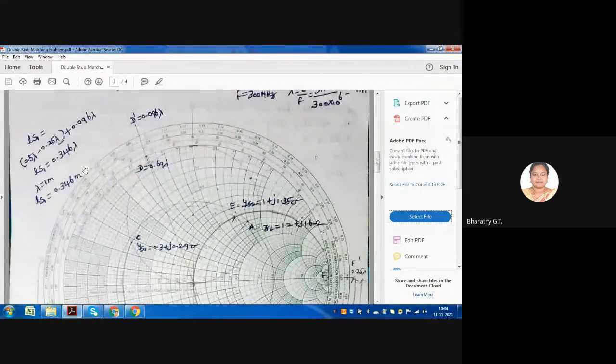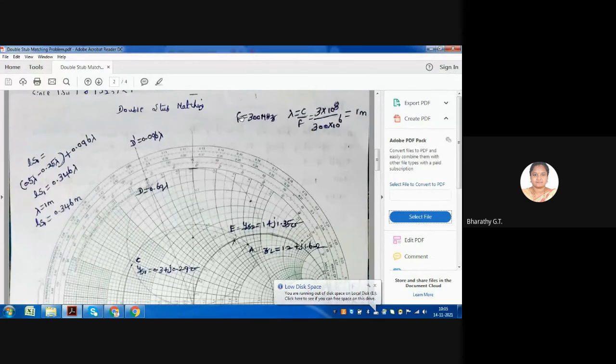Whenever the frequency of operation is given in the problem, you have to represent the length in meters. From the given f value, f is given as 300 megahertz. From that you have to find the wavelength lambda. You are getting the wavelength lambda as 1 meter. So 0.346 into 1 meter will give you 0.346 meters.